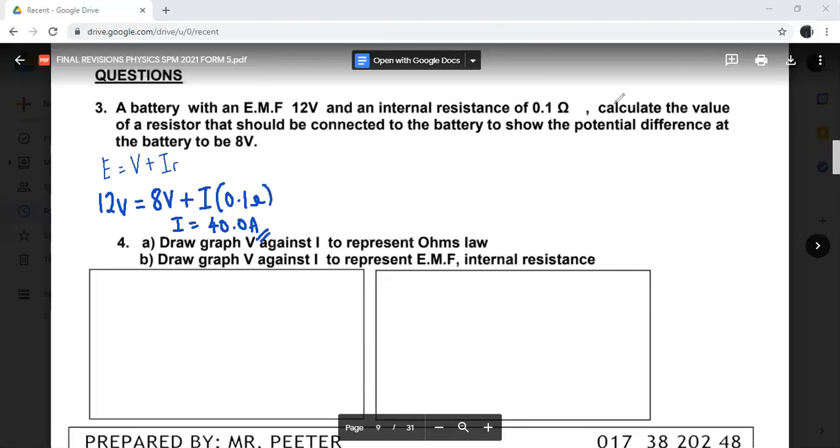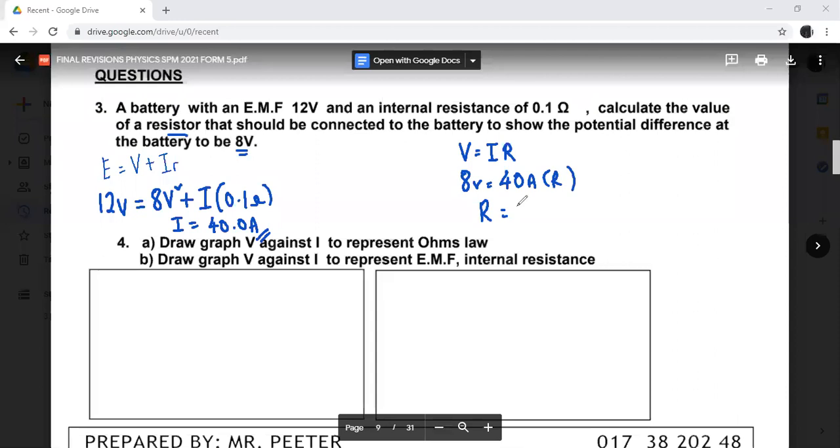40 ampere. So now you have to find the value of the resistor that should be connected to get 8 volt. So V equals IR, where the voltage here is 8 volt. The current found to be 40 ampere. So what is the resistance value? So 4 divided by 40.